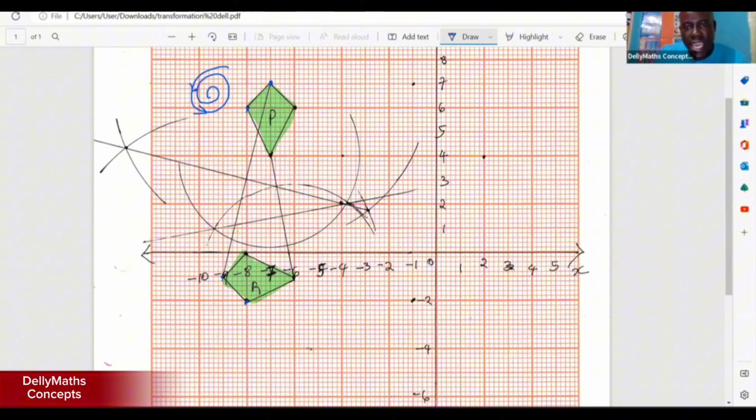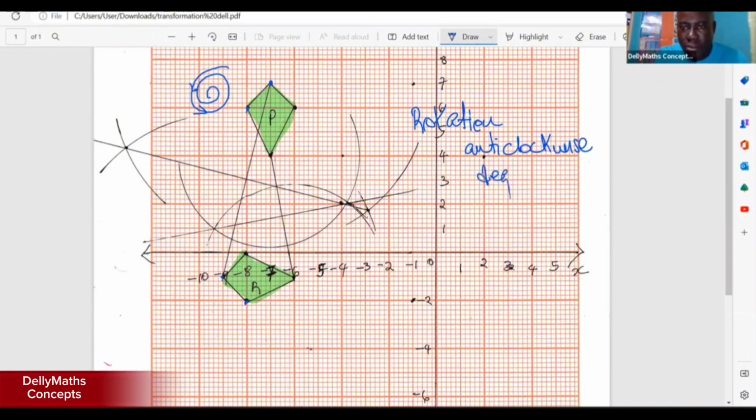So firstly, I would note that this is a rotation, in an anti-clockwise direction.